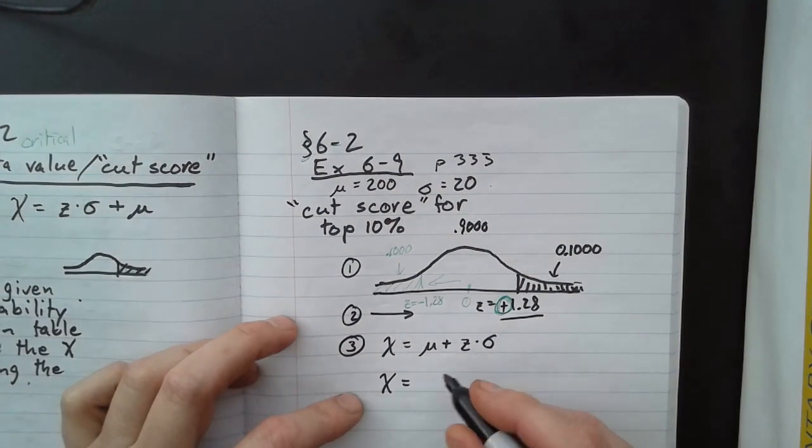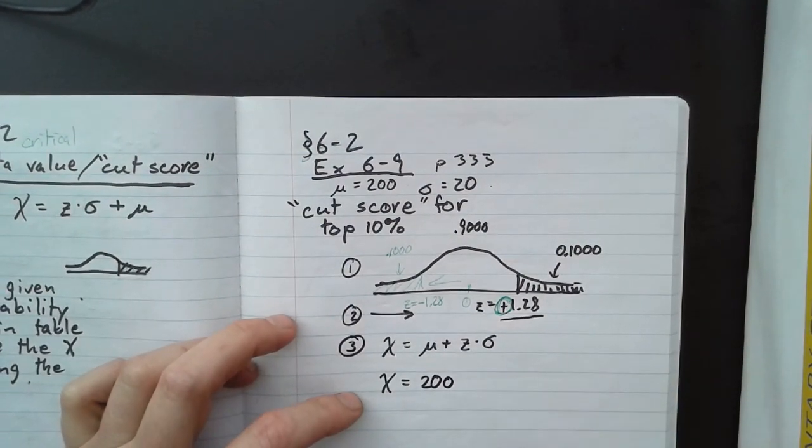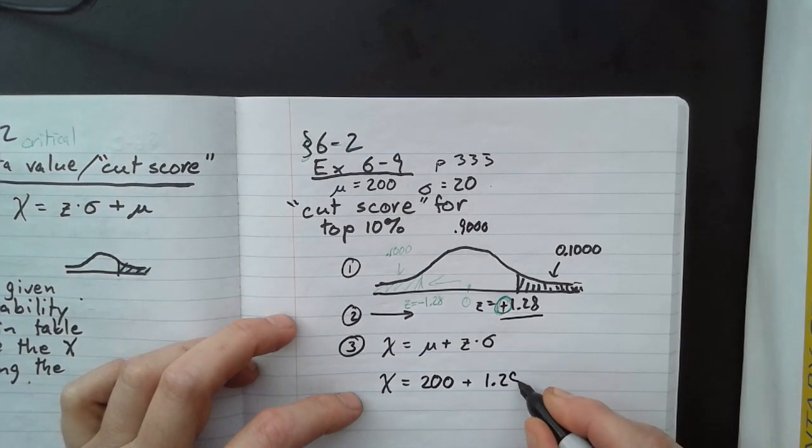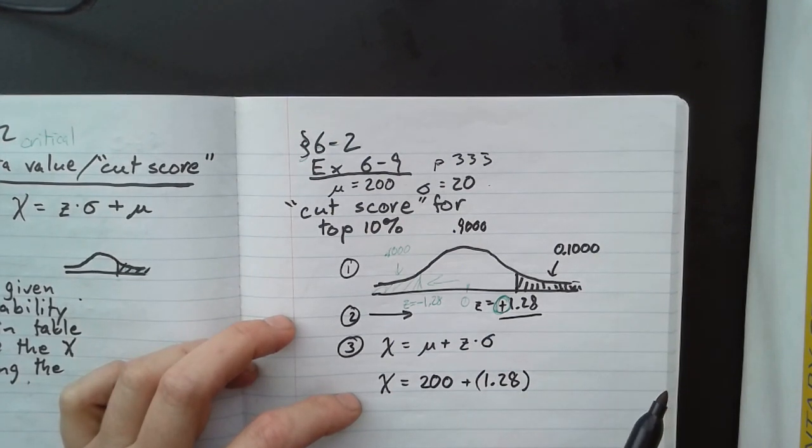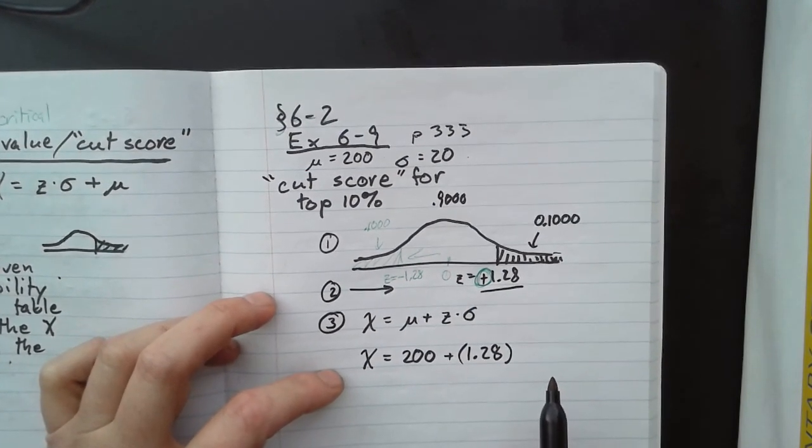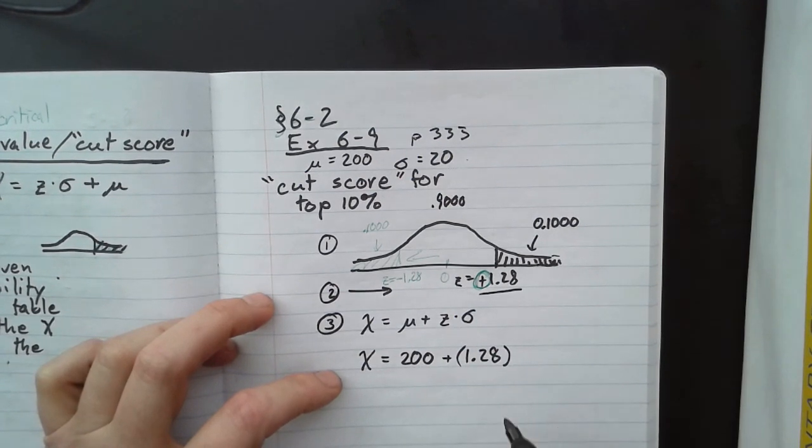Okay, so here we've got 200 in place of mu. We're going to plug in 1.28. And as I mentioned in the last video, 1.28 is a fairly common z-score that we'll run across from time to time.